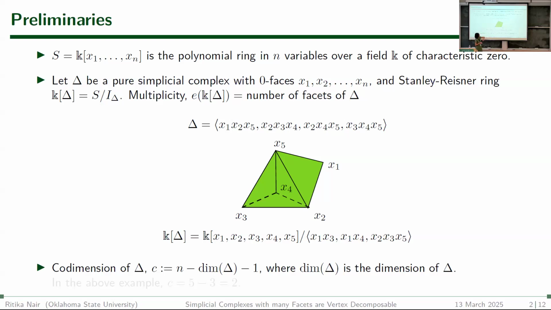Basically, we look at the size of the facet, and the number of vertices minus the size of the facet gives us the codimension. So for this example, we have 5 vertices, and each facet has 3 vertices because it's a triangle. So the codimension is 2.